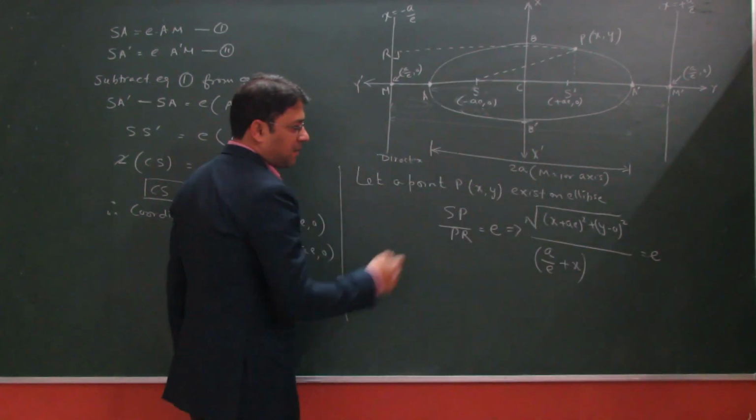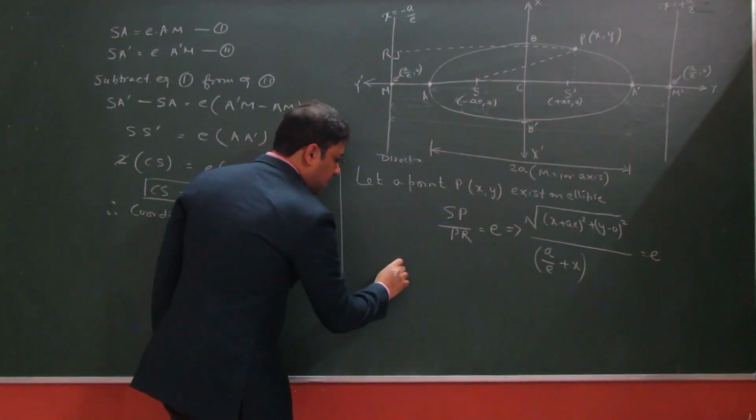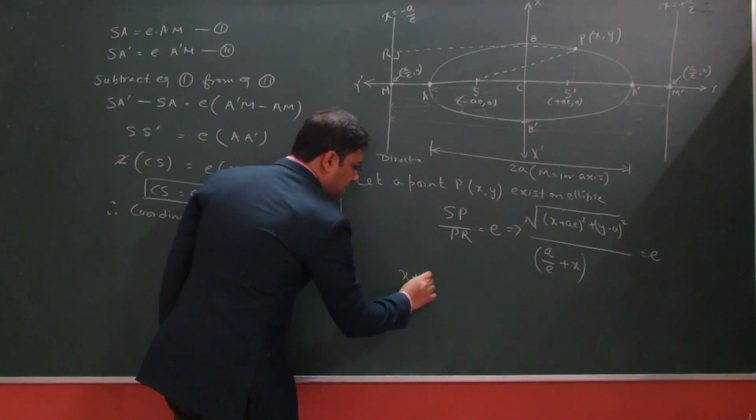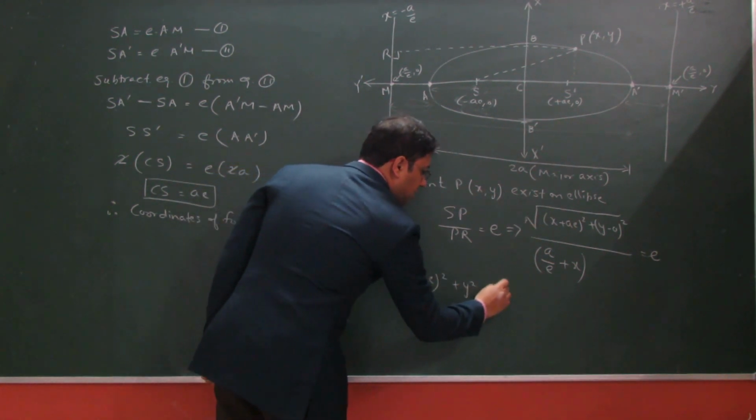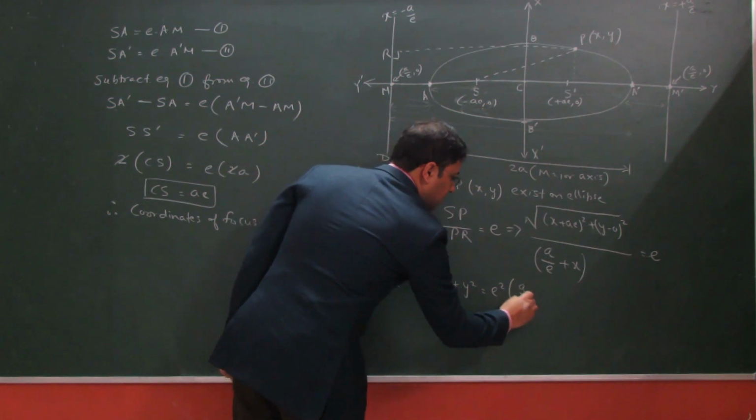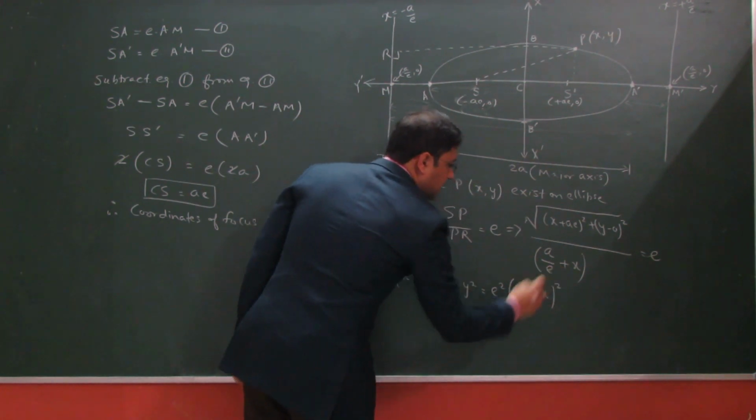So let's square both sides. We will get (x plus AE) whole square plus y square equal to E square into (A by E plus x) whole square.